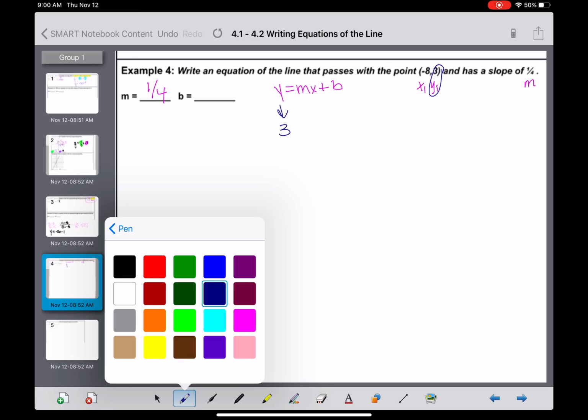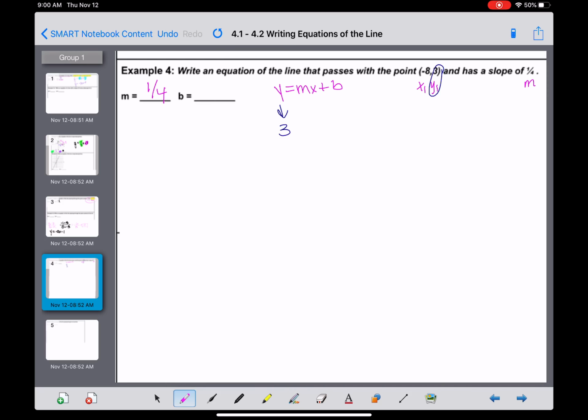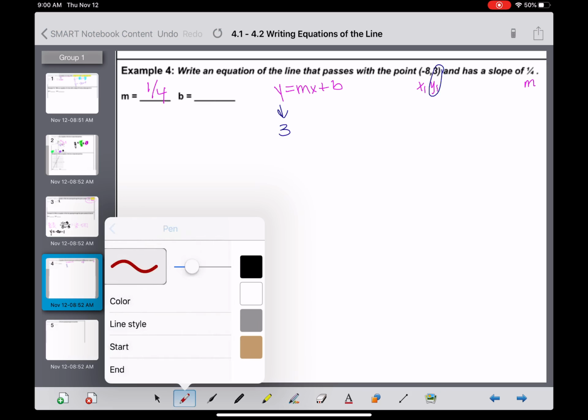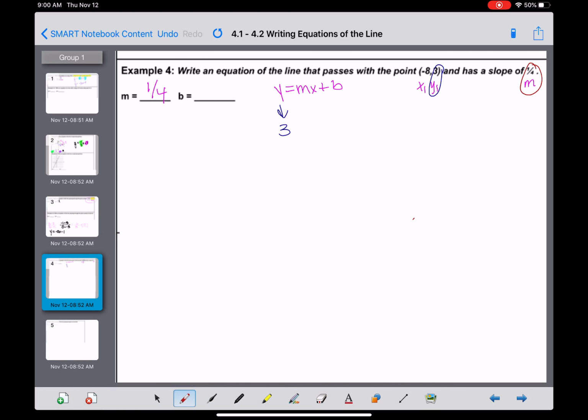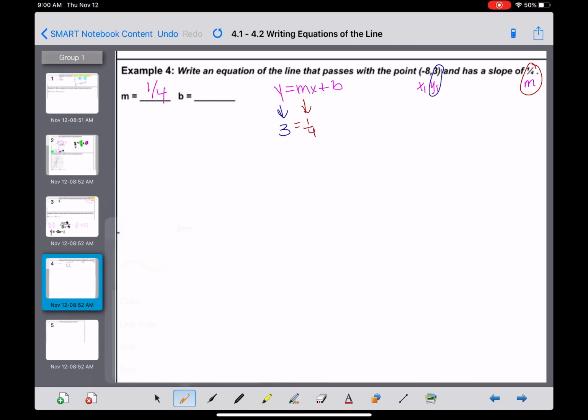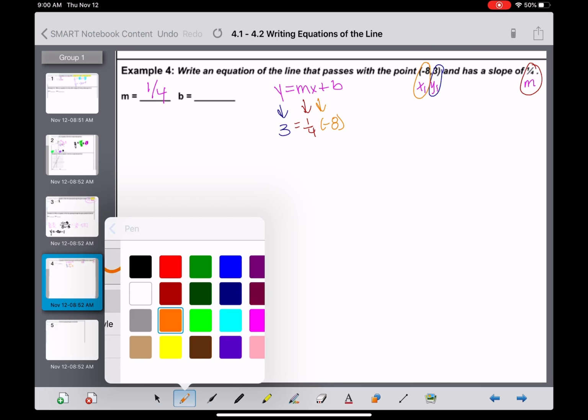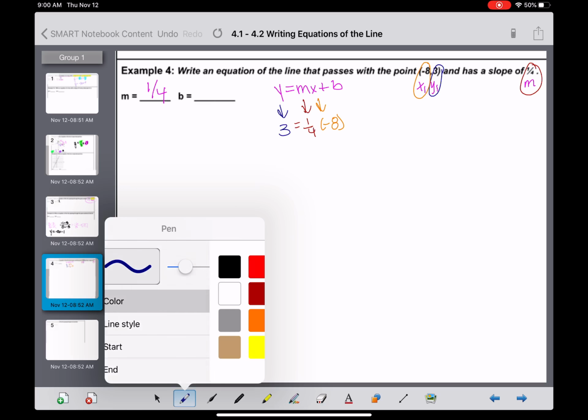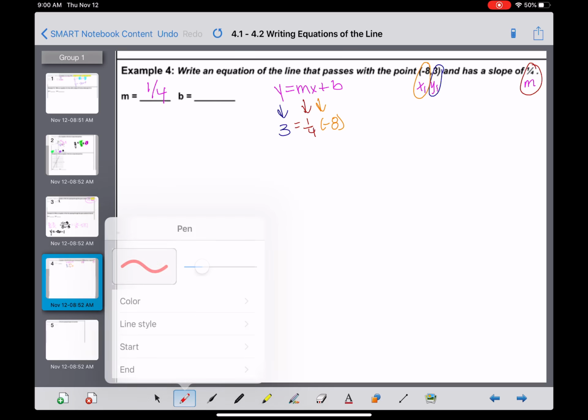We were given that the slope, or the m value, was 1/4. And we were given that the x value is negative 8. We are trying to determine what our y-intercept, or b value, is.